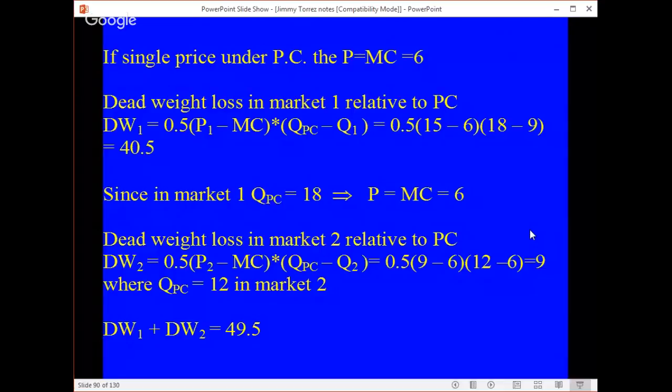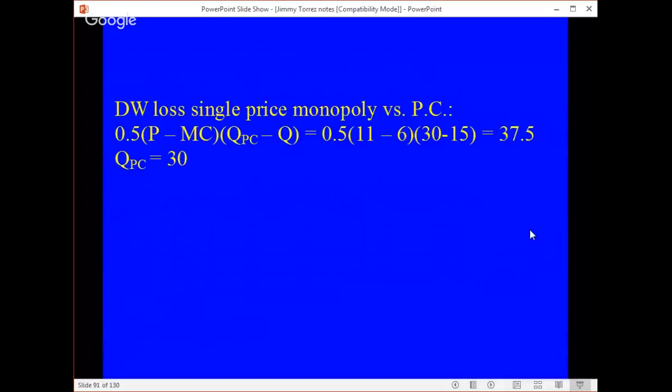And I'm sorry, if I remember right, the next slide. Yeah, okay. This is what I was thinking before, and I've got to be more careful. With the single price monopolist, the deadweight loss, if you remember, the price was 11. The quantity under perfect competition is 30.